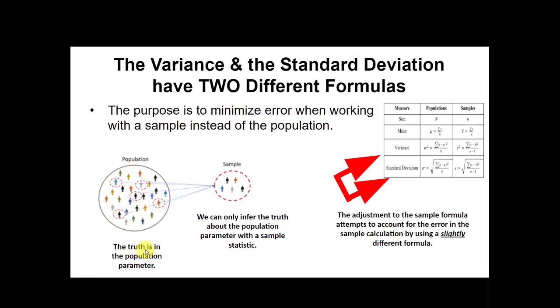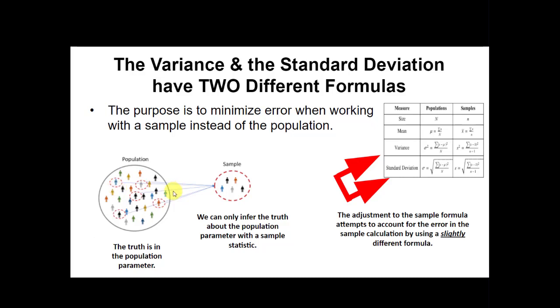We could ask each person for their age and take the average and we would know the truth. But as we've said, most of the time you do not have access to the entire population. You can only take a small subset called a sample and run some statistics on it to see what we can infer about the population as a whole.